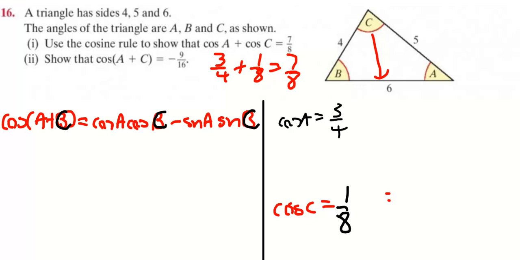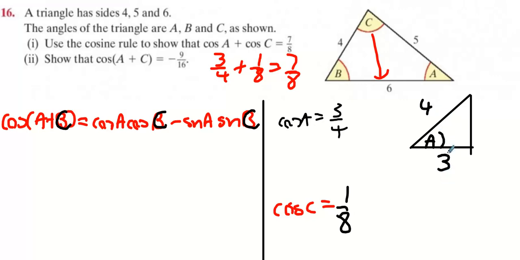Okay, let's draw a right angle triangle for A. Who's the hypotenuse? Which one? The 3 or the 4? It's the 4. The adjacent is 3. Do Pythagoras' theorem.